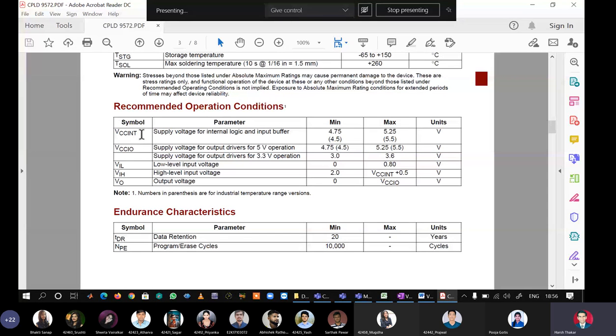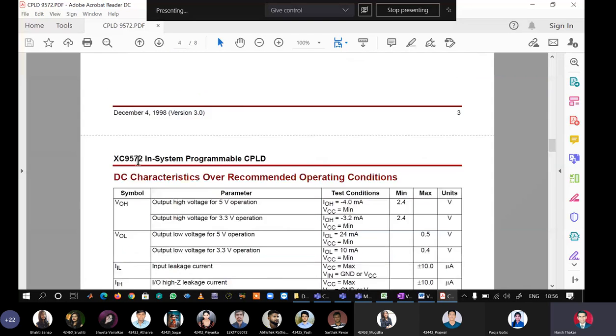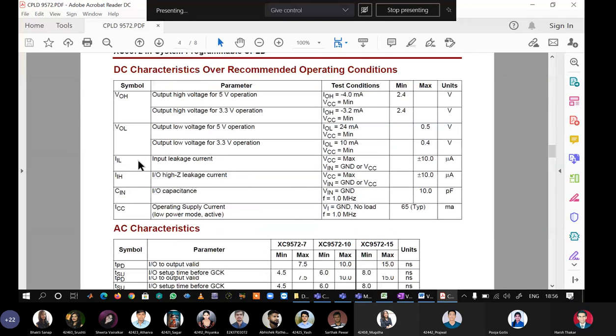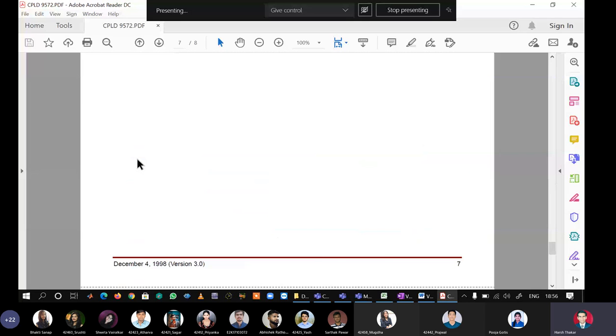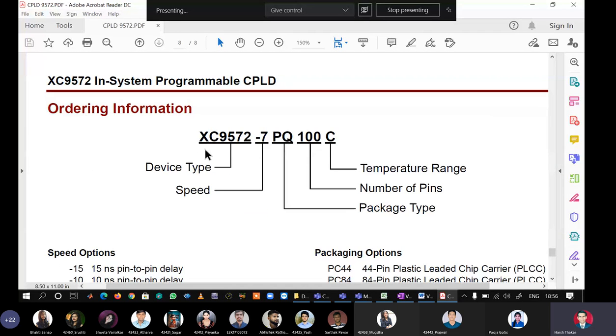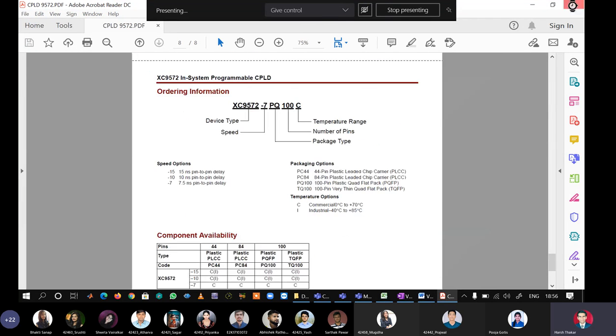Because logic blocks operate at a higher frequency, they are driven by a lower voltage. VCC IO is the IO voltage, for the peripherals. And there are some noise margin levels here. And as I told you, this is the pin information: 95 is device type, -7 is speed, PQ100 is the package, then temperature range. If you read the data, you will come to know all these things.